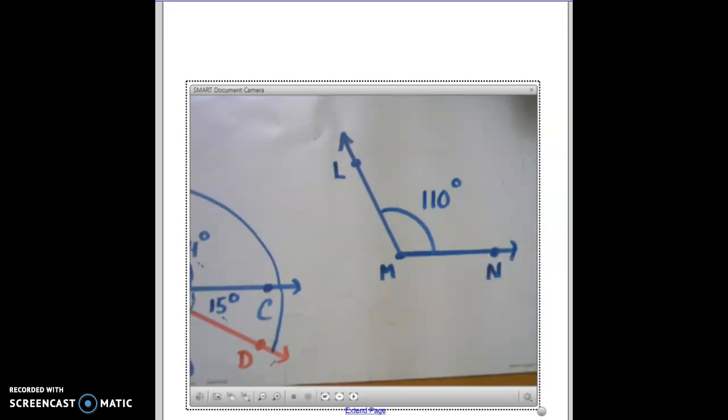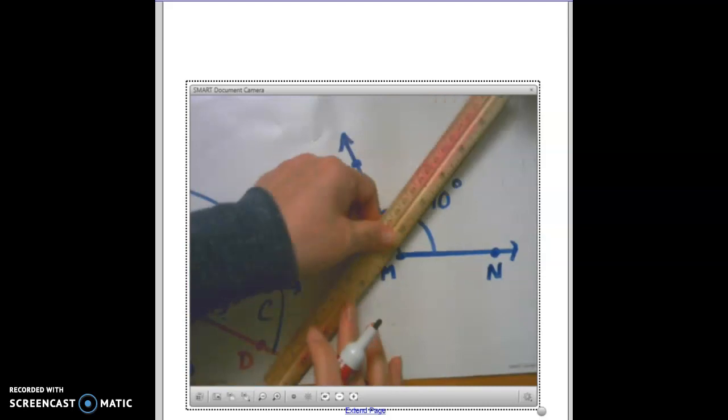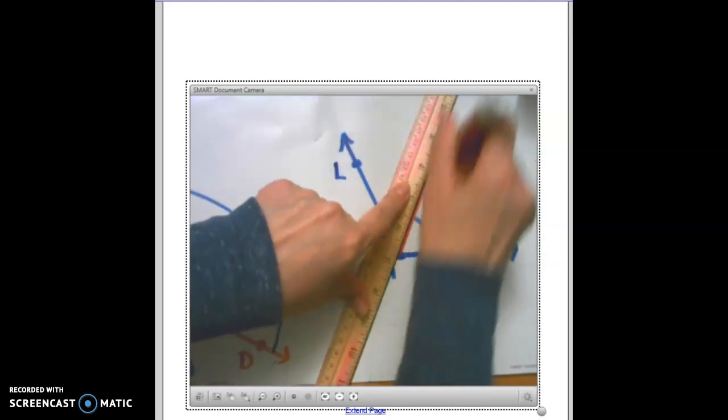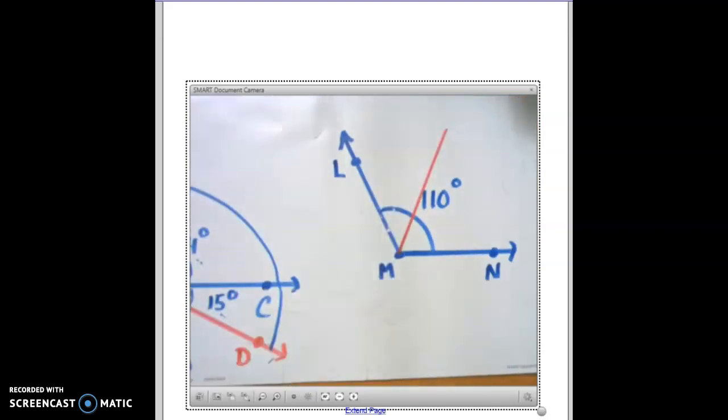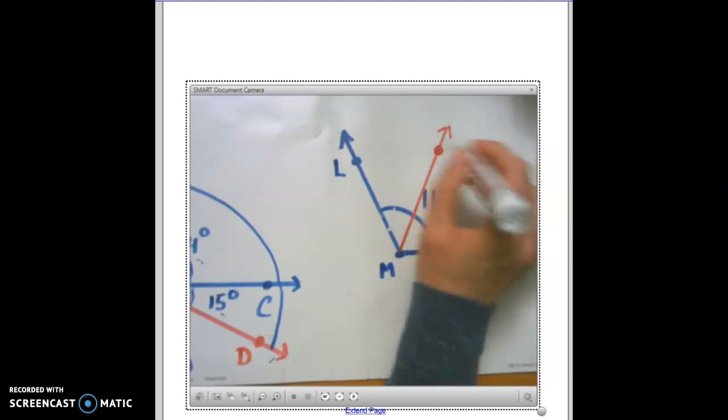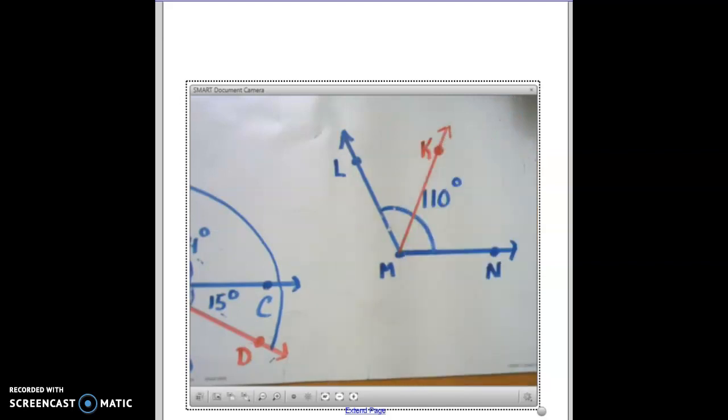What if this time I take my angle this way and I compose an angle going up this way? We'll make this one letter K. I know the whole thing is 110 degrees. Now I have to figure out, well, how much is this side and this side of 110?